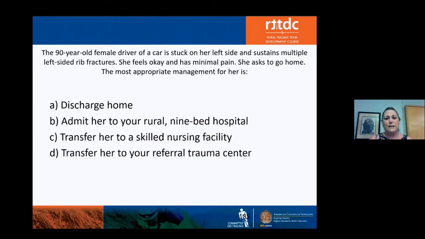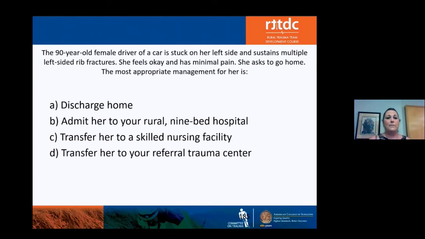And then we had admit her to a rural 9-bed hospital. When we're looking at the hospital size, we're looking at, is that area hospital able to care for the geriatric rib fracture patient? Are they able to institute all the things that they need for pulmonary hygiene to make sure that she's able to take a deep breath? Do they have the equipment such as the Metaneb that forces that patient to take a deep breath?